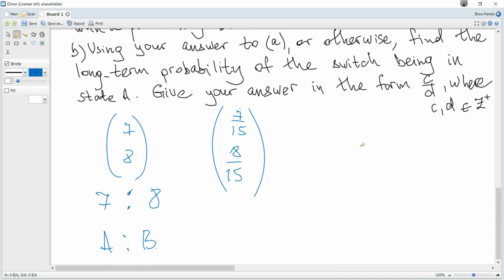And notice that this vector doesn't depend on the initial state vector. It doesn't matter whether A is operating initially, or B, or both with equal probability. The final state vector will be like this. It may be problems in terms of population, or in terms of the amount of something, for example, the amount of people.